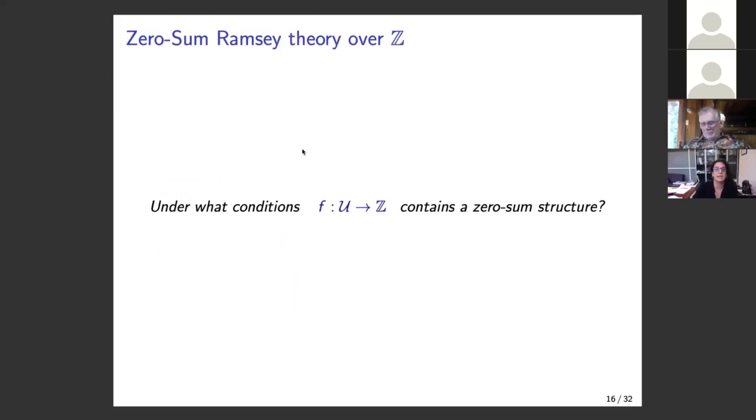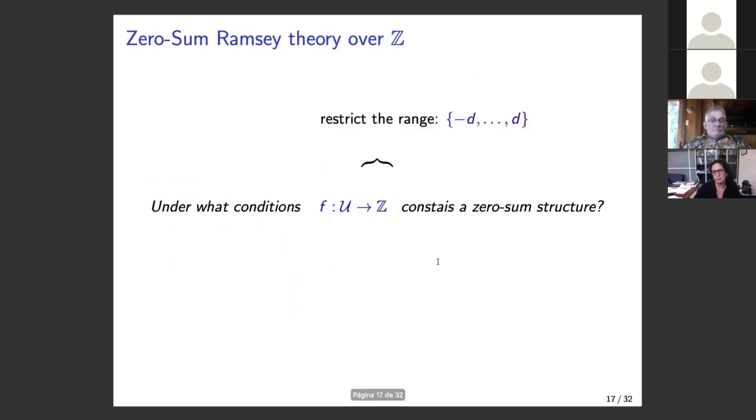For instance, consider just the set of integers. Of course, we always work with finite universes, so it makes sense to restrict the range to some set of integers.